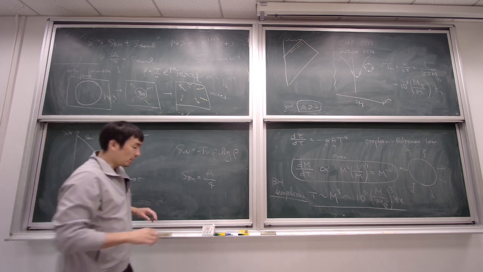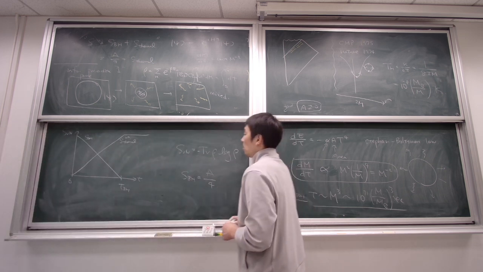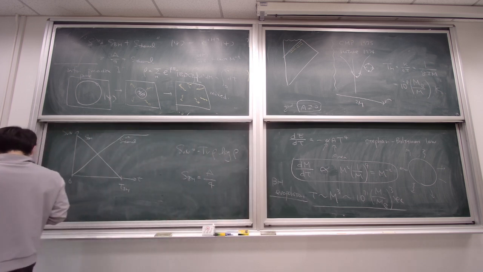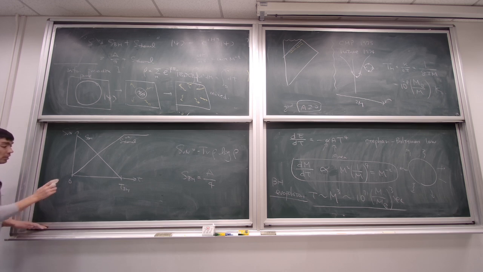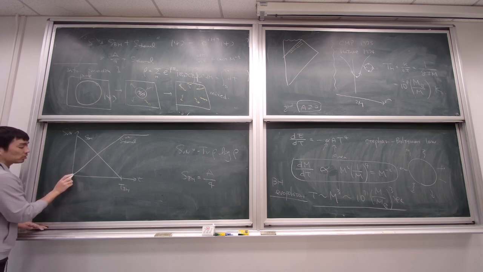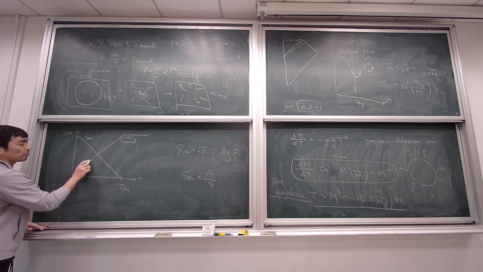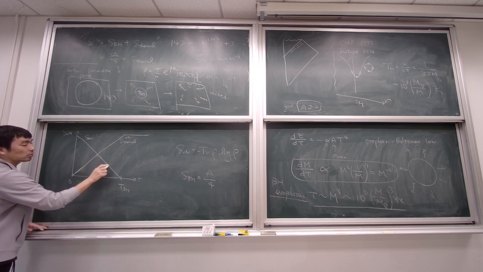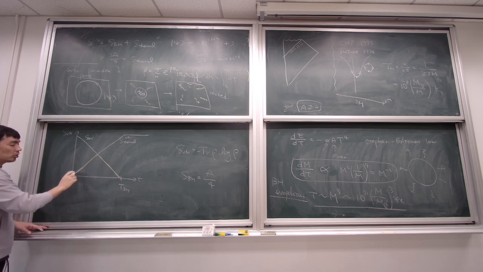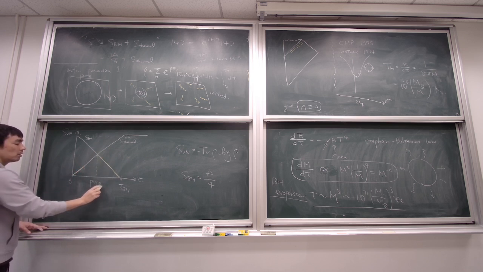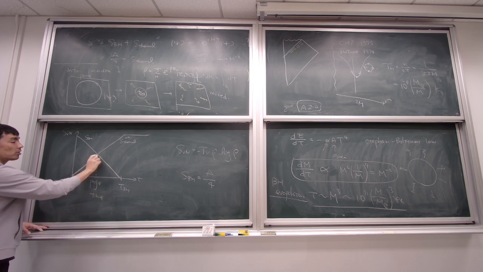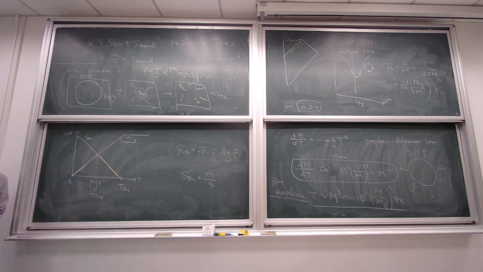But Page showed that at some point the quantum effect on the entropy of the black hole should follow this way. So this is called the Page time, and this curve is called the Page curve.